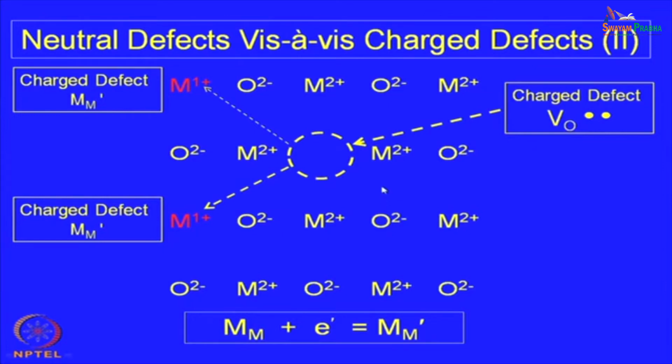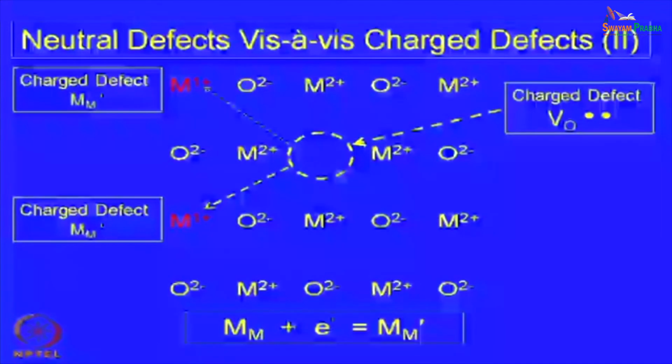These 2 electrons are no longer there, the 2 electrons have gone away or shifted away from this particular site, but they may be within the solid. They have not left the solid, not left the crystal, but they have left that particular site.